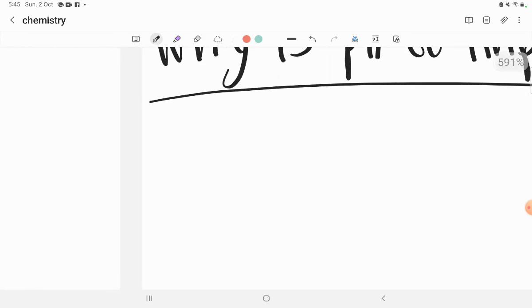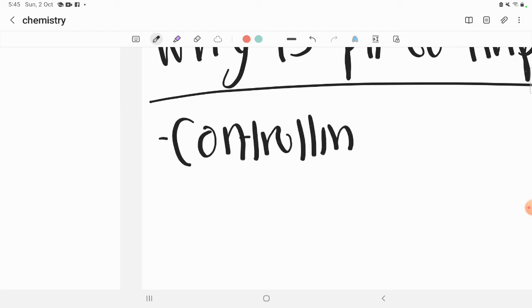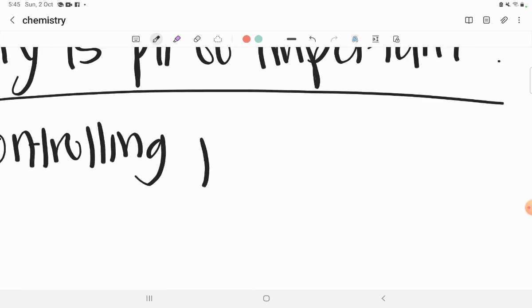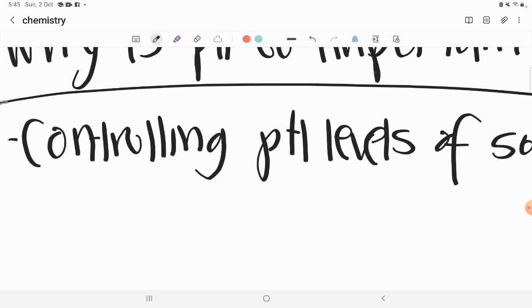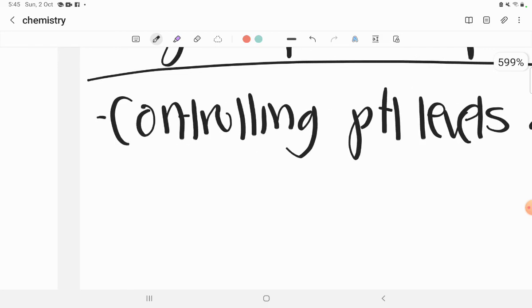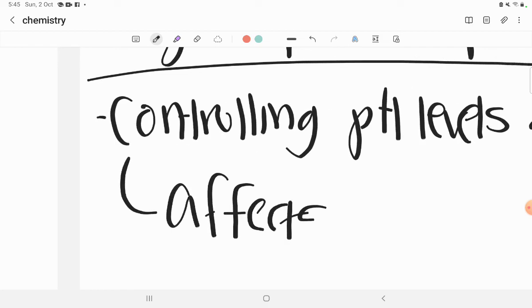Okay, it's important in controlling the pH levels of soil, because this affects the growth of plants.